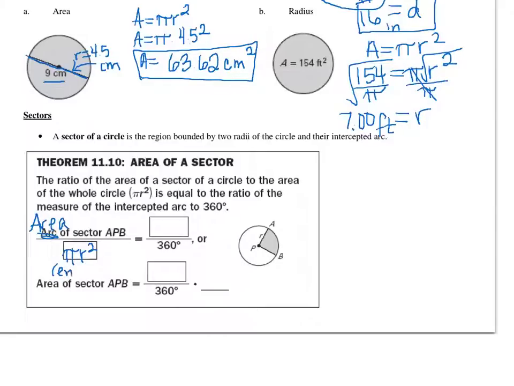That's your entire area. Equals the measure of arc AB out of 360. Now, we're going to cross this out. I don't want you to memorize this extra little formula. As long as you can set up a proportion, you'll be fine with these problems. So let's turn the page.